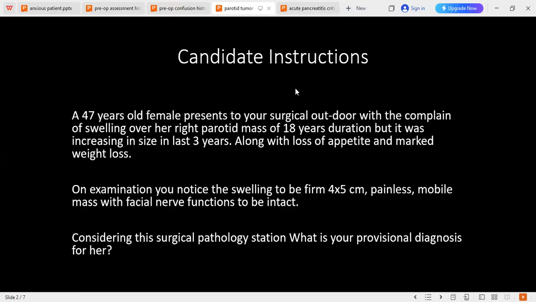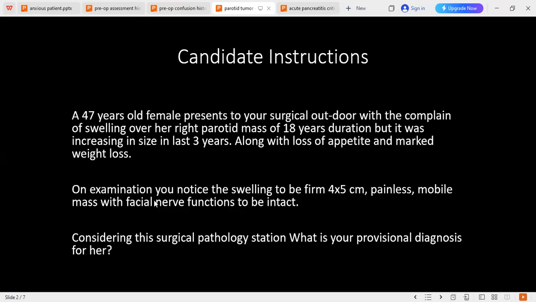If it is malignant, it involves the facial nerve, it is rapidly increasing in size, and it is invading. While operating, you'll realize it involves the deeper structures, skin necrosis, and lymph node involvement as well.